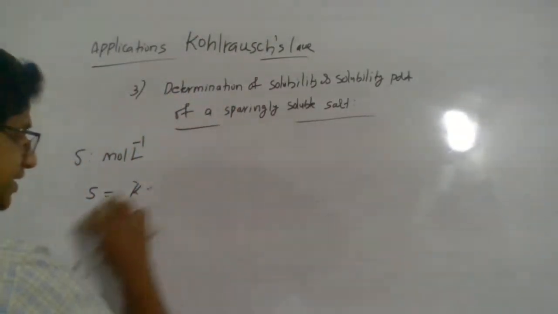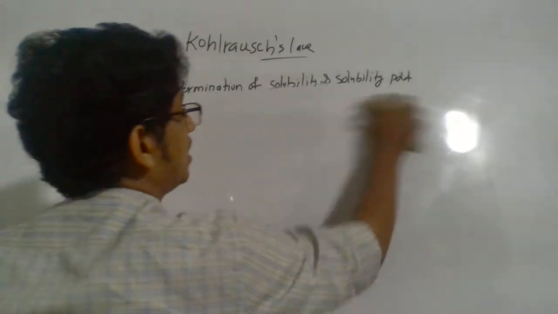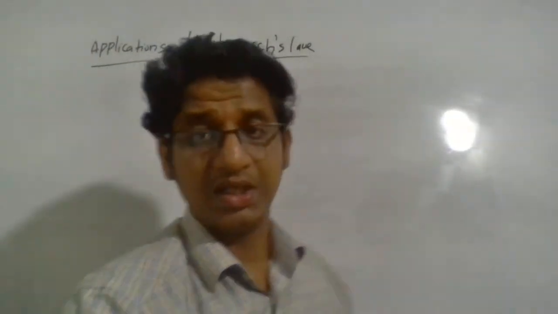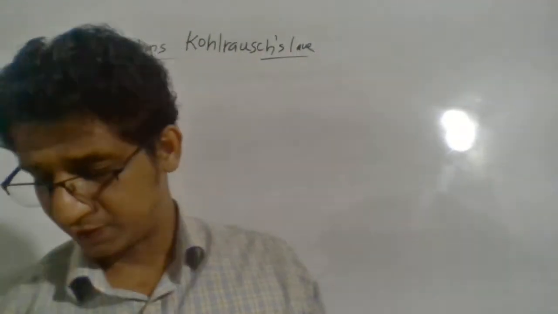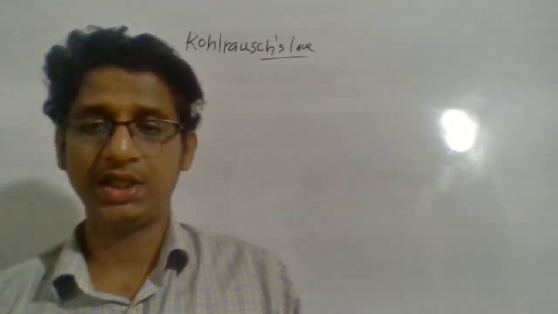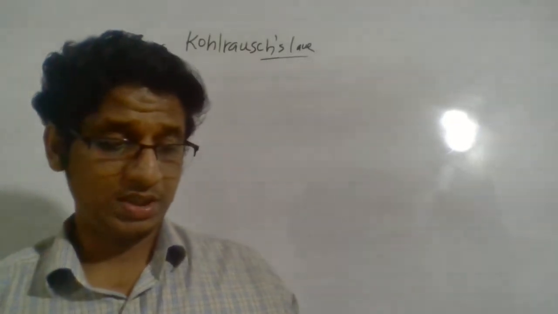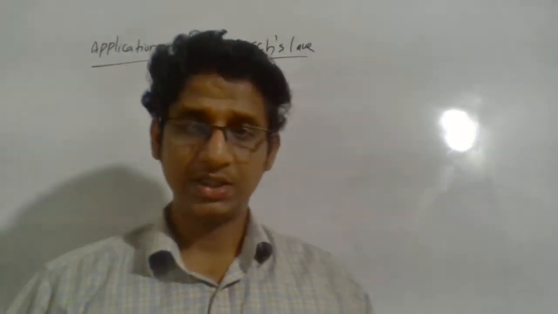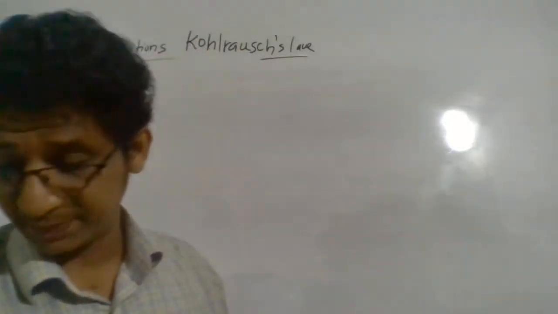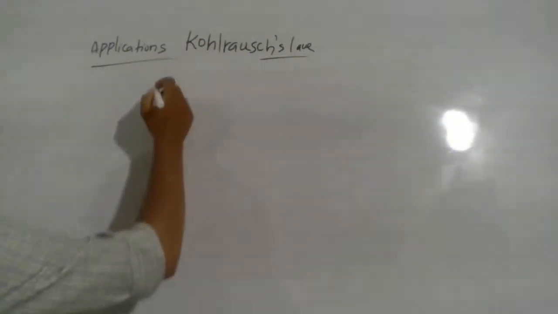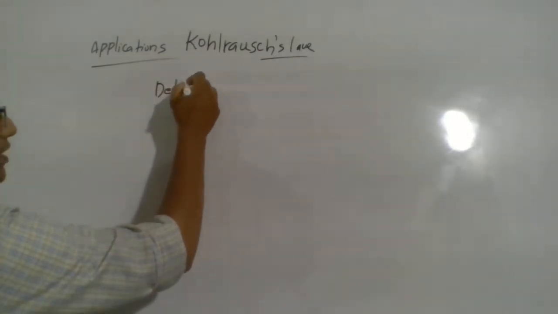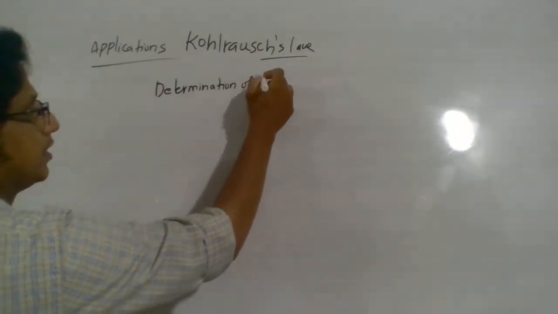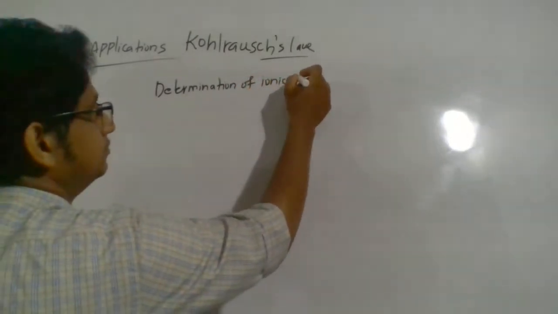If you have the molar conductivity at infinite dilution value and the conductivity value, you can find the solubility of a sparingly soluble salt. After finding the solubility, you can find the solubility product of a sparingly soluble salt. Now the final application: determination of ionic product of water.